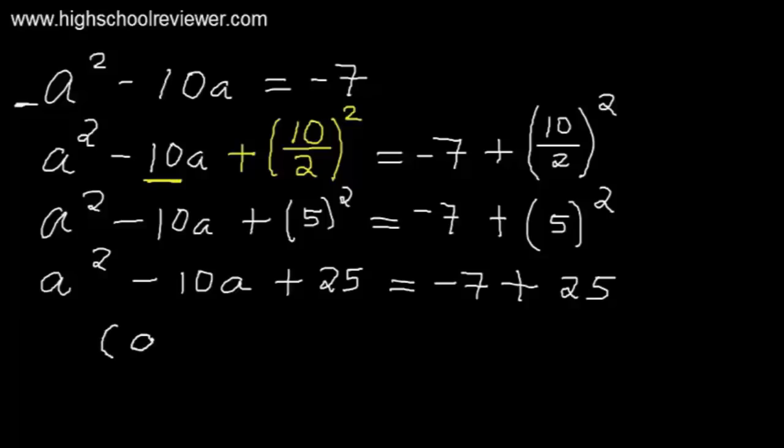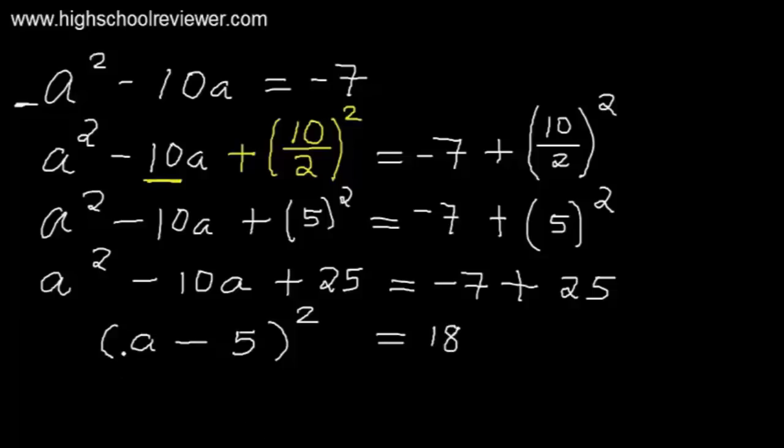So the factor here will be a, and since this is negative, we will also have here a minus sign, and the square root of 25 will be 5. So this quantity here will be raised to the power of 2 since this is a perfect square. And then we have here negative 7 plus 25, this will be positive 18.